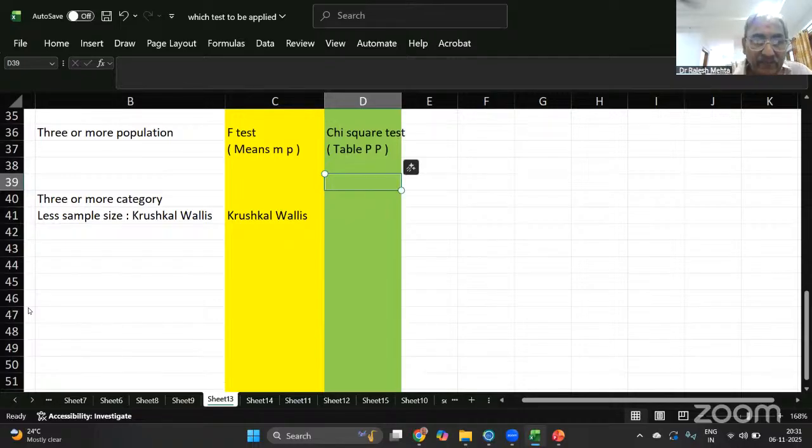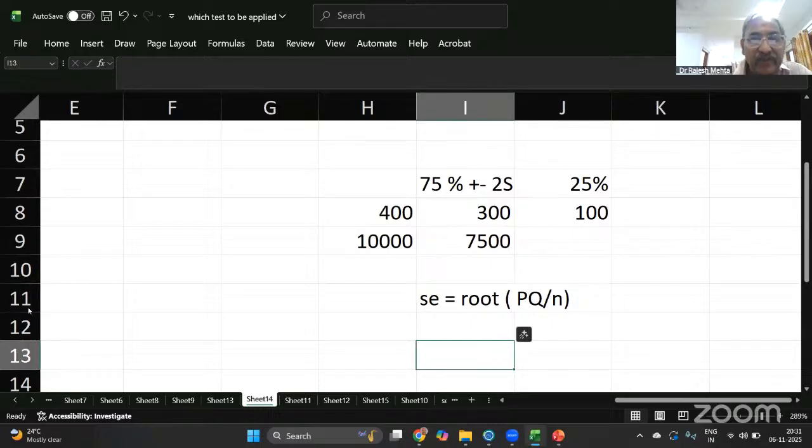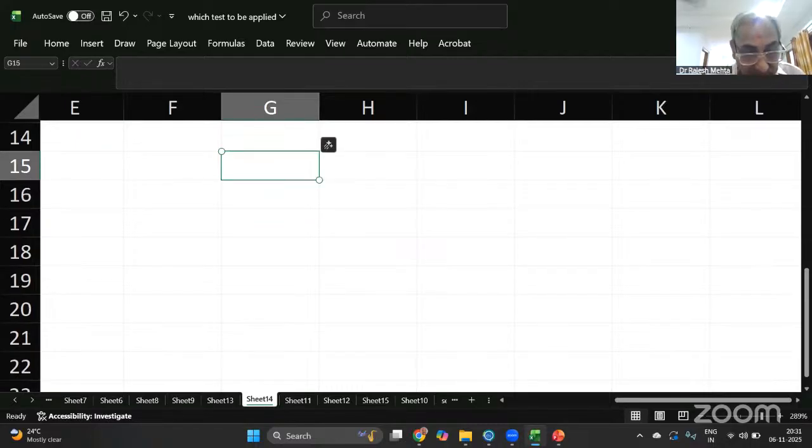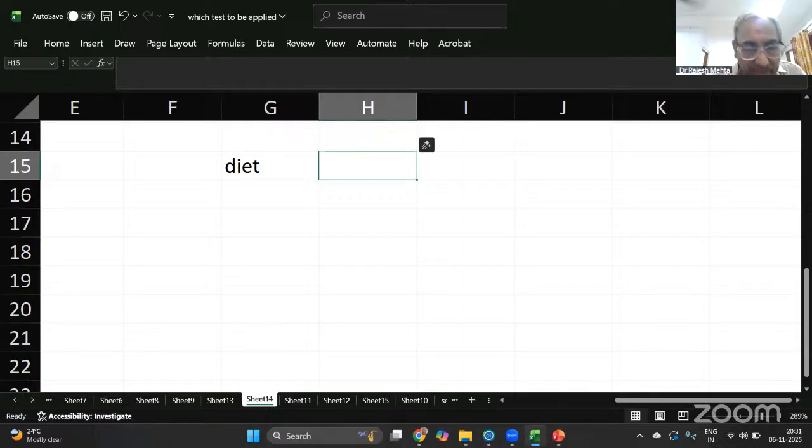In one case, for example, use data like this. You had given the treatment of only diet therapy. Another group of patients, you gave only allopathic medicine.